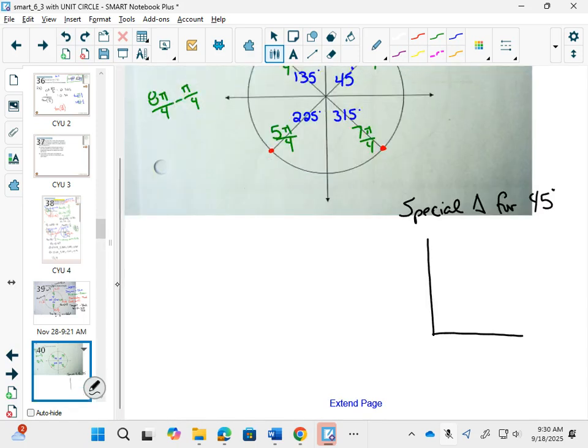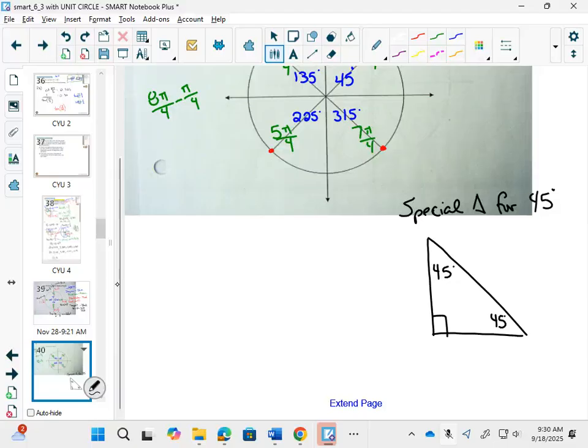I draw a right angle triangle, and I make one of the angles 45 degrees. Since you know angles in a triangle add up to 180, you would know that the other angle is also 45 degrees.